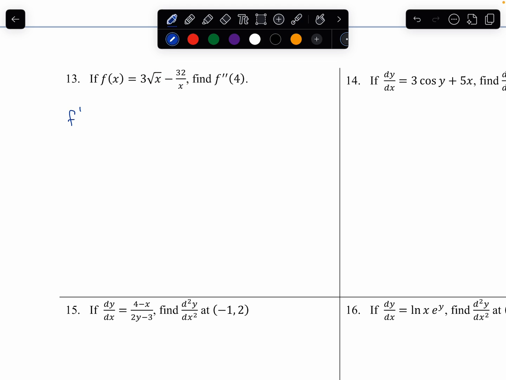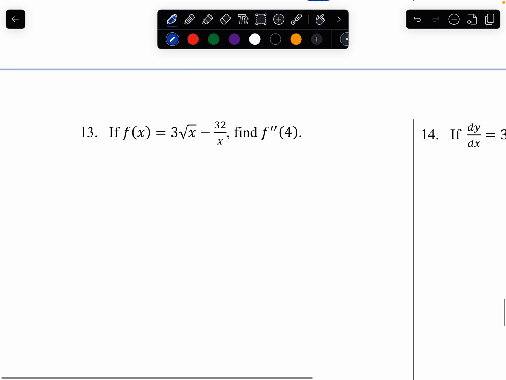I would much rather do these derivatives with powers, so I'm going to rewrite this. This is 3x to the negative 1/2, and then minus 32x, not negative 1/2, it would just be positive 1/2, and then minus 32x to the negative 1.